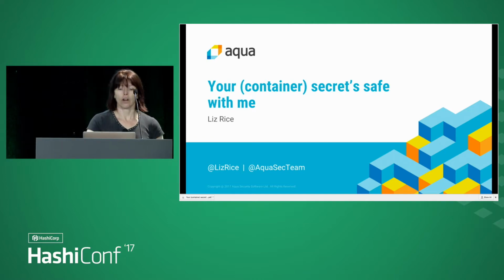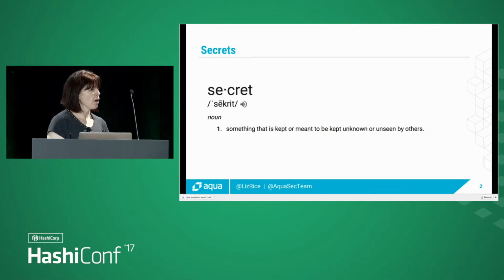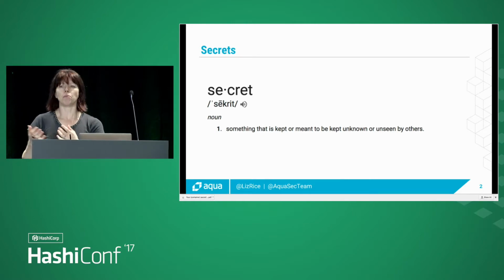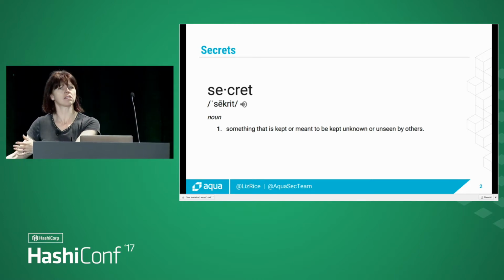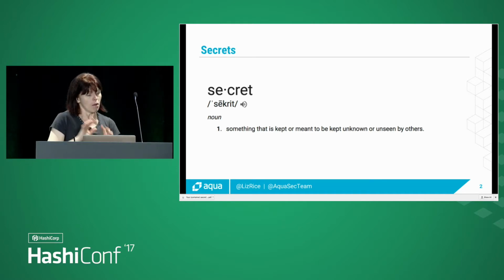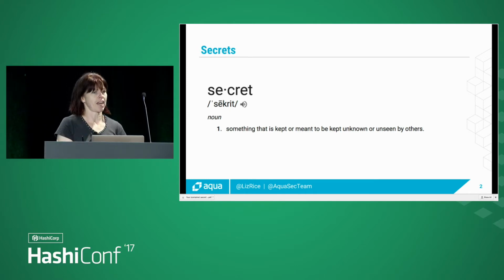But first, what do I mean by a secret? I mean things like passwords, API tokens, certificates, things that you don't want other people to get a hold of. I'm not talking about your vast database of people's social security numbers. Is Equifax in the room? I'm not talking about those big databases. I'm talking about the things that we use to protect those.